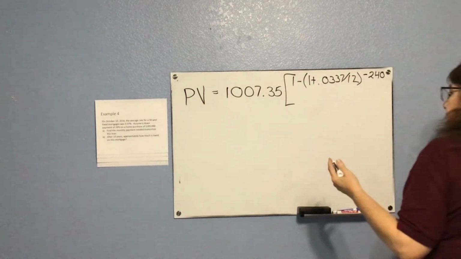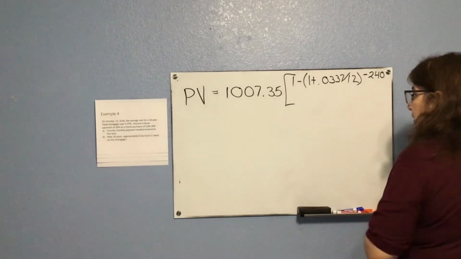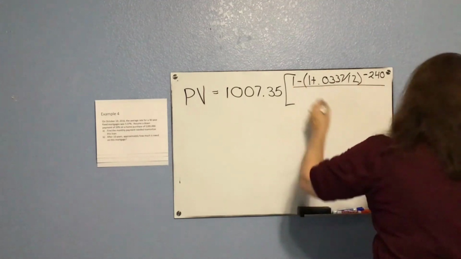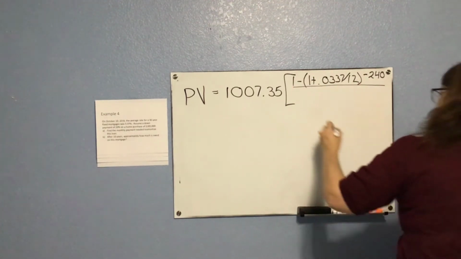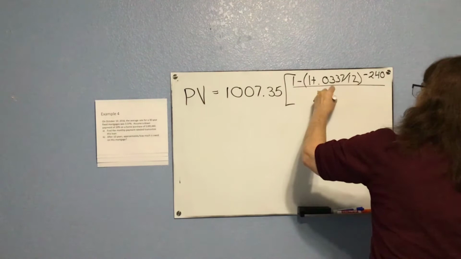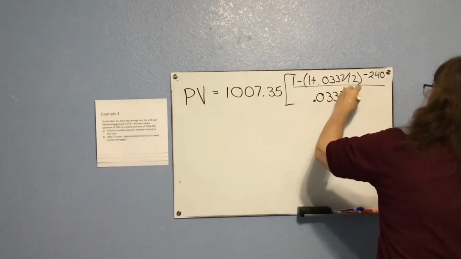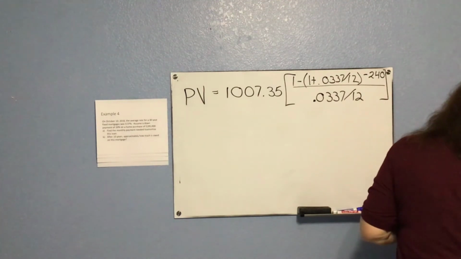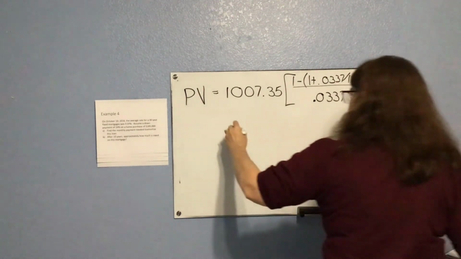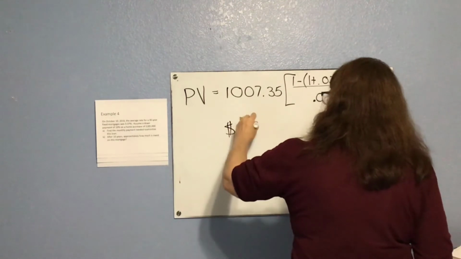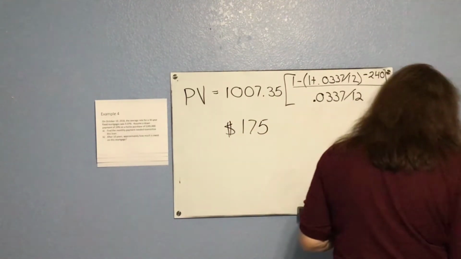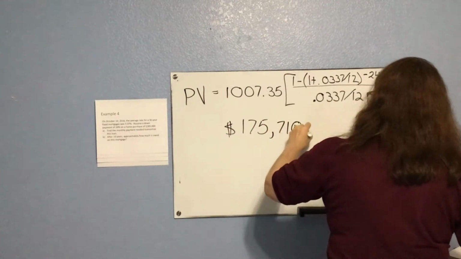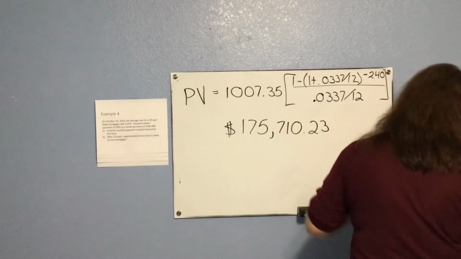I've made 10 years worth of payments, so 120 payments, 240 left. Over 0.0337 over 12. And this comes out to $175,710.23.